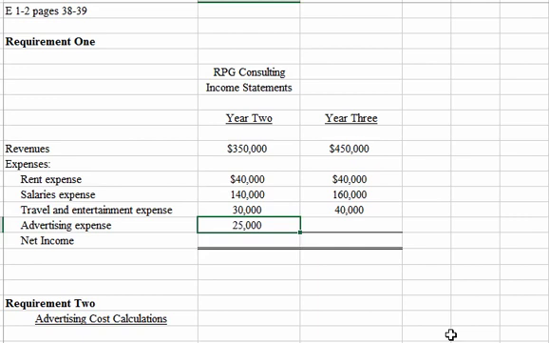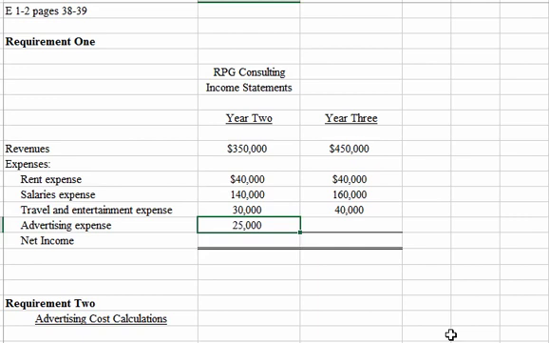They also go on to tell us at the end of year 3, we don't have any liability to the advertising agency. So all the advertising costs incurred in years 1, 2, and 3 were paid to the advertising agency by the end of year 3. Our liability to the advertising agency by the end of year 3 was 0.